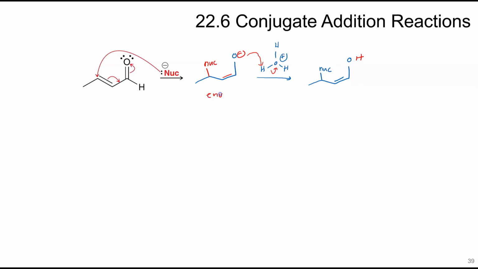This is the enolate. This is the enol. Did a tautomerization. So there's a proton shuffle, double bond, and there's an H that appears here.